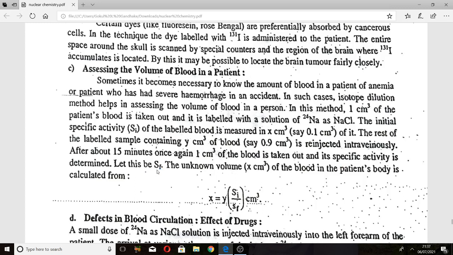The unknown volume of blood in the patient's body is X centimeter cube, which is found by the formula X equals Y into SI, the initial specific activity, divided by SF, in centimeter cube. By using this we find the volume of blood in the patient.